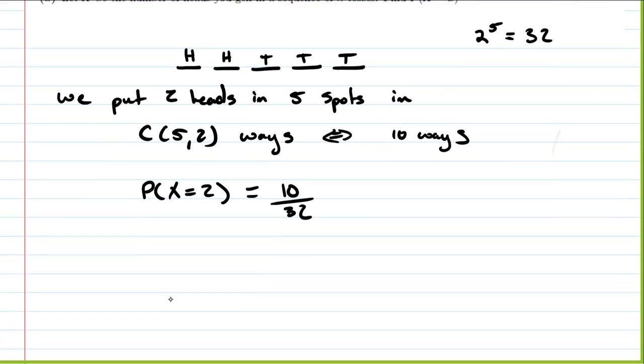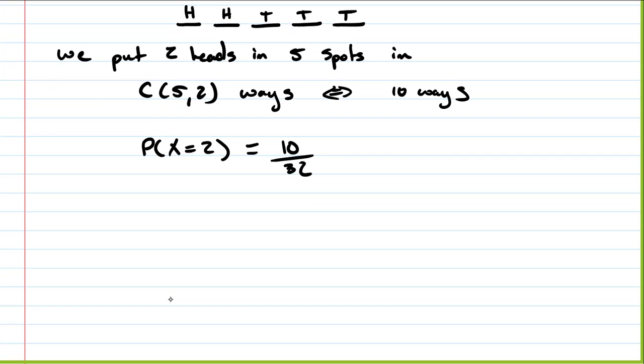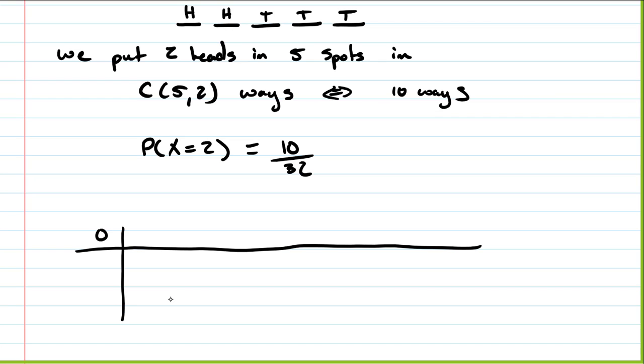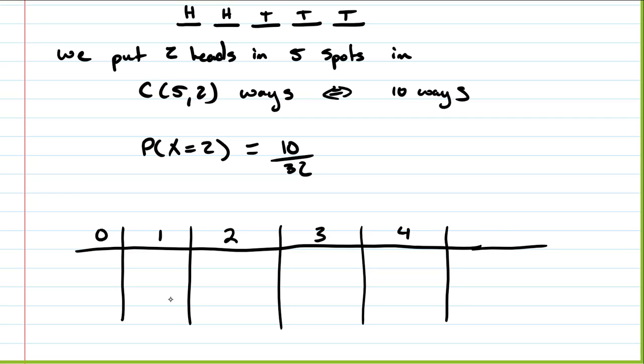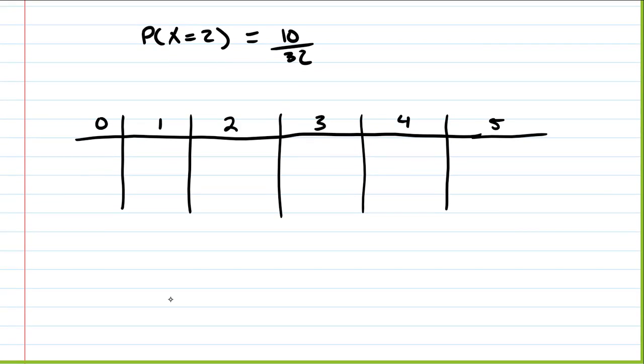If we were going to make a table, which is really what it's asking us to do, it's saying it wants little x equals 0, little x equals 1, little x equals 2, well, we already did that one, x equals 3, x equals 4, and then we only did it 5 times, so we would stop there.